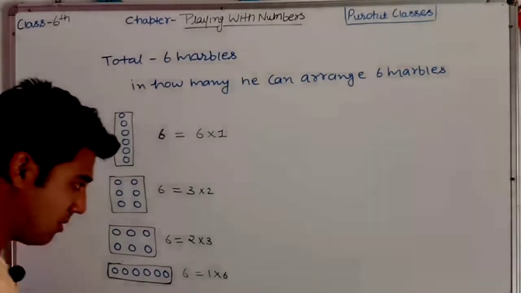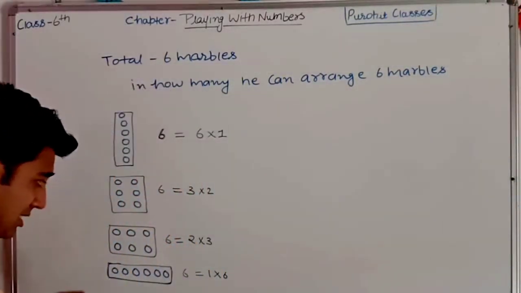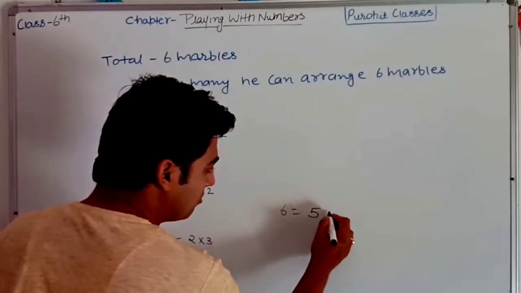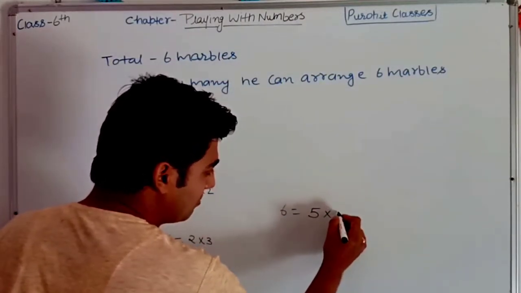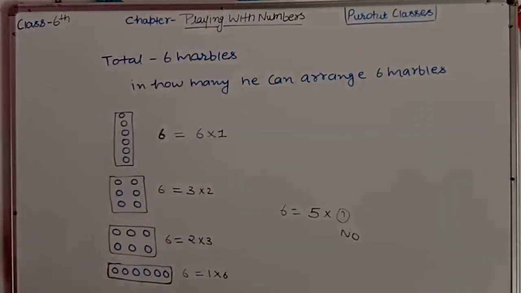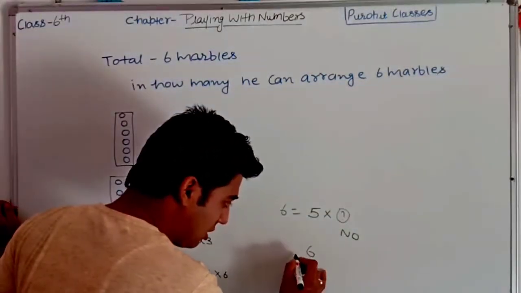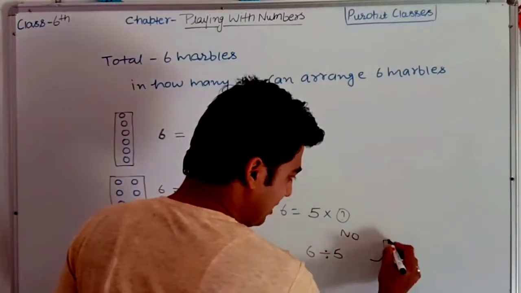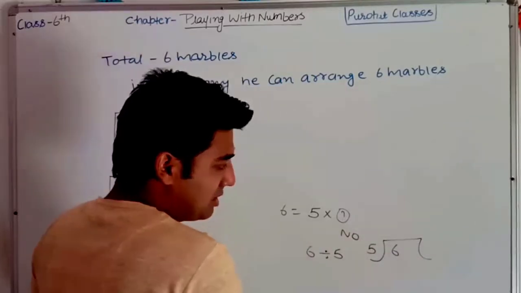One more thing. If I ask you why we cannot represent 6 as any times of 5. Can we represent? The answer is no. Why? Because 6 is not exactly divisible by 5. If you divide 6 by 5, you are not going to get remainder 0.